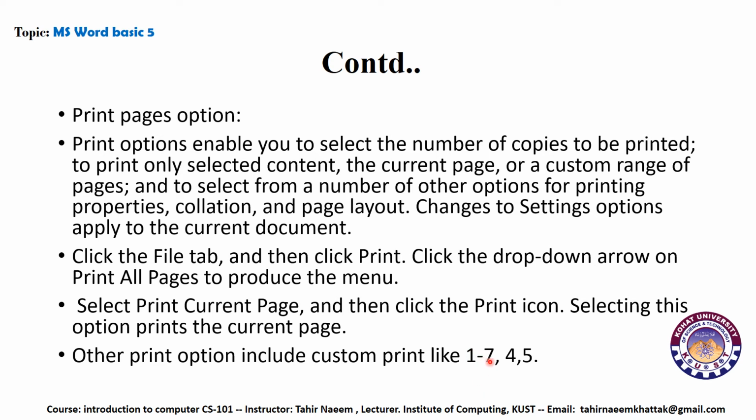Or if you want to select multiple pages, then we can also write 4 comma 5. We can also combine them, 1 to 7 comma 4 and 5, so from page 1 to 7 and 4 and 5 will be printed. Or here I can also give 8, 9, so these pages will be printed.